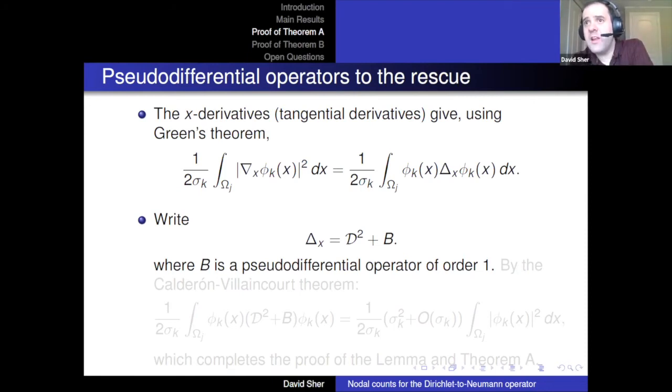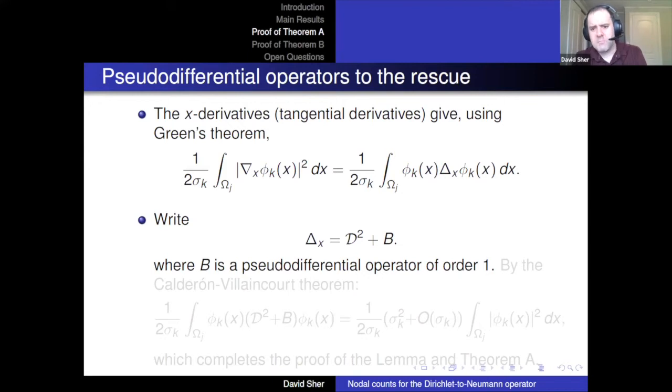But the Laplacian and d squared have the same principal symbol. And because of that, their difference is a pseudo-differential operator of order 1. So write that, plug it in. The d squared part, we know what to do with. And we're left with estimating the integral of phi k times b phi k.